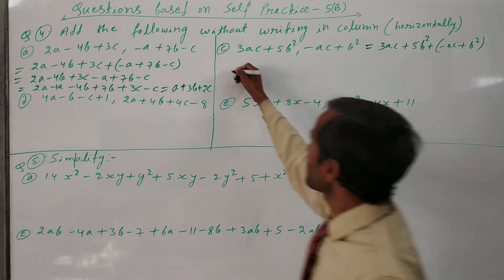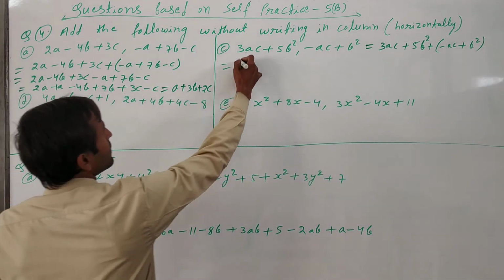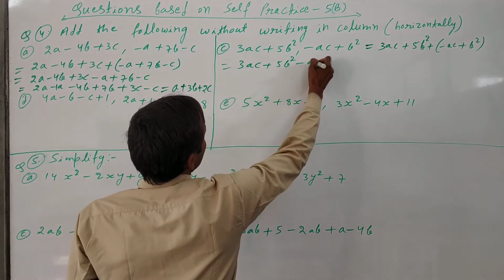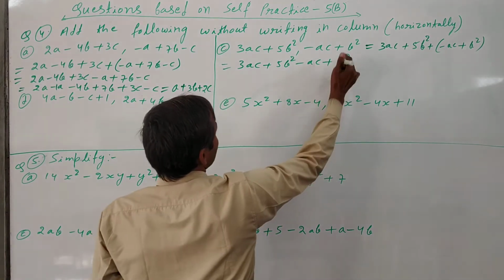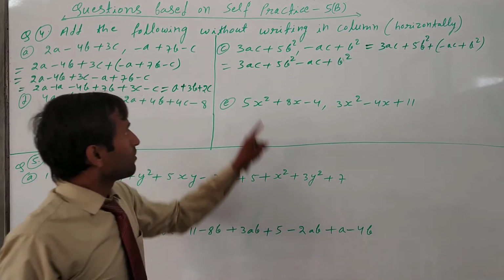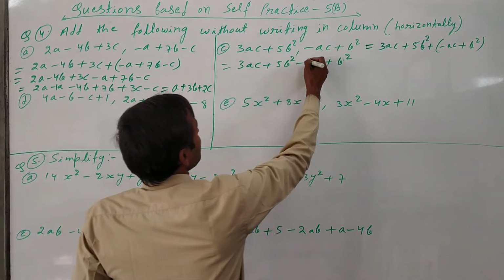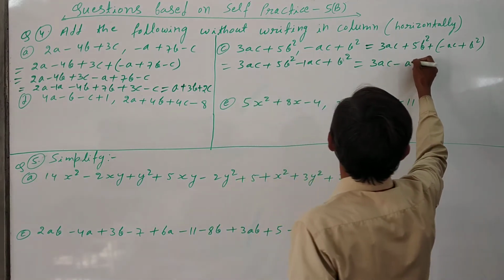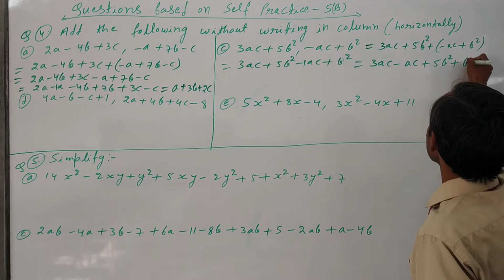After that we will remove this small bracket, then 3ac plus 5b square and then minus ac plus b square. After that we will subtract here 3ac minus ac, then 5b square plus b square.